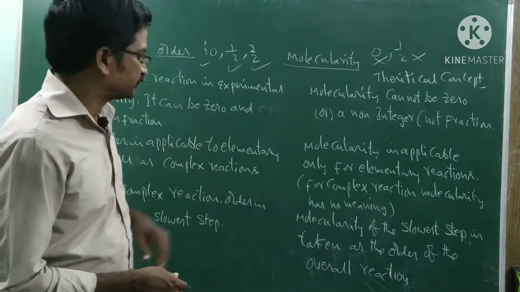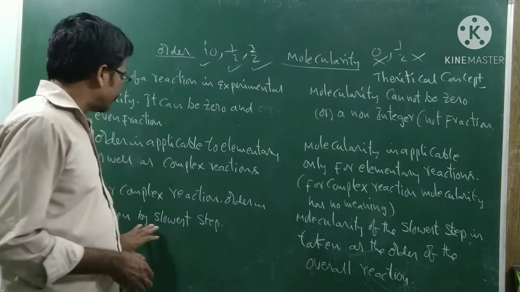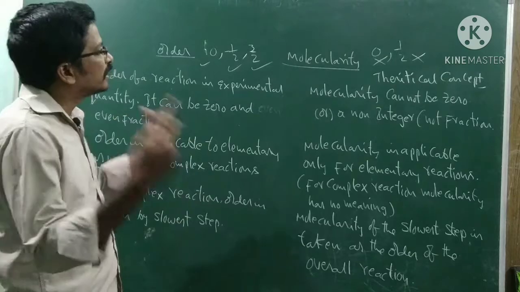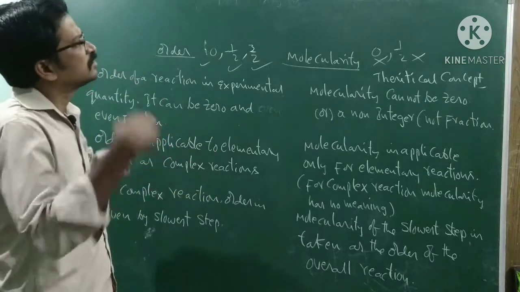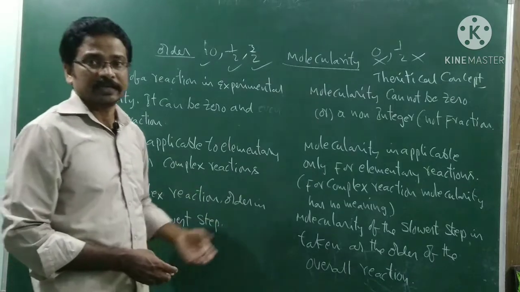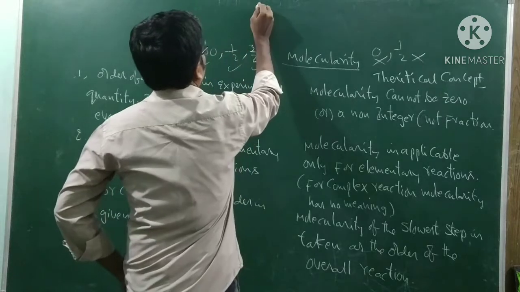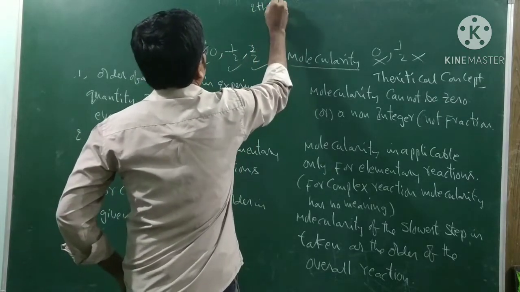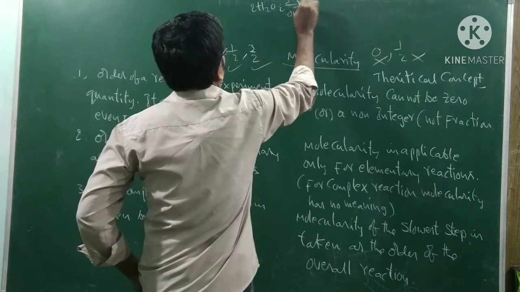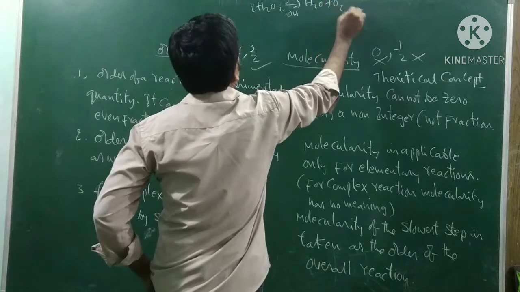Next, for complex reactions, order is given by the slowest step. We saw the example we discussed previously: 2H2O2 with I minus in alkaline medium gives rise to H2O plus O2.